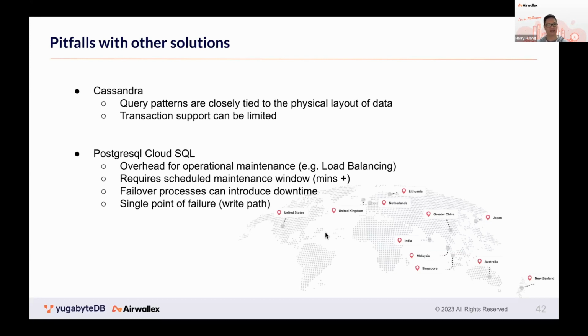The first one is that the query patterns of Cassandra are very closely tied to the physical data distribution, which means any change of your query, you may need to rewrite your table, migrate all the data around, etc. And for a rapidly evolving business like us in a startup, it's not quite acceptable because our business requirements, our product changes every day.